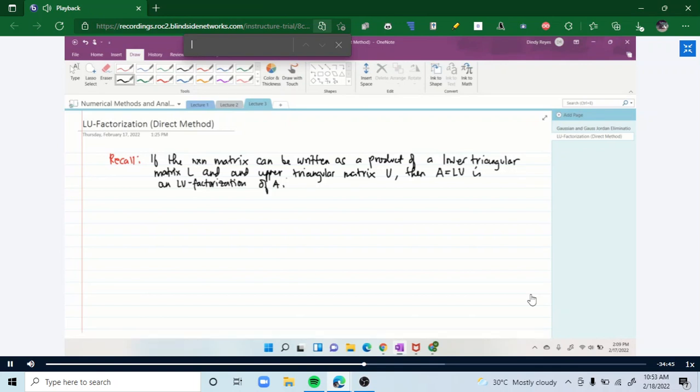So you can have more than one LU factorization.